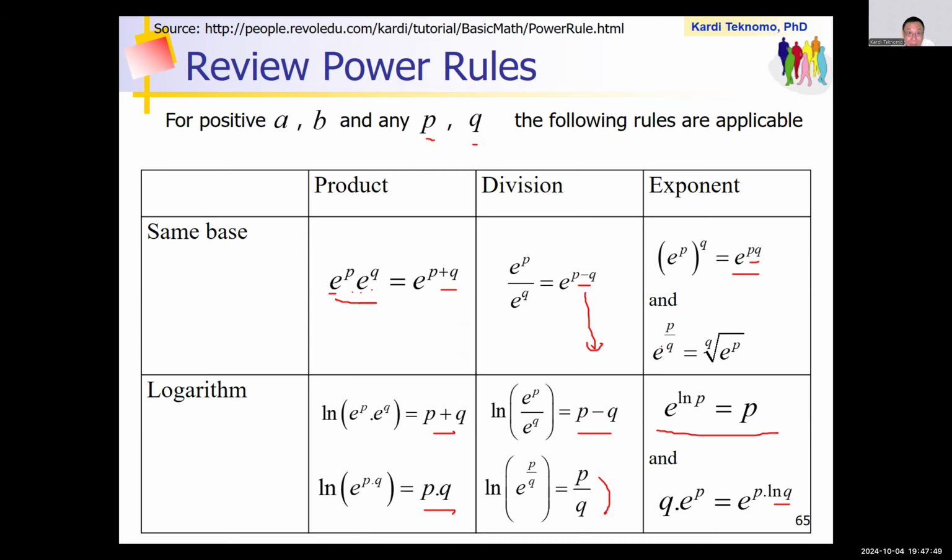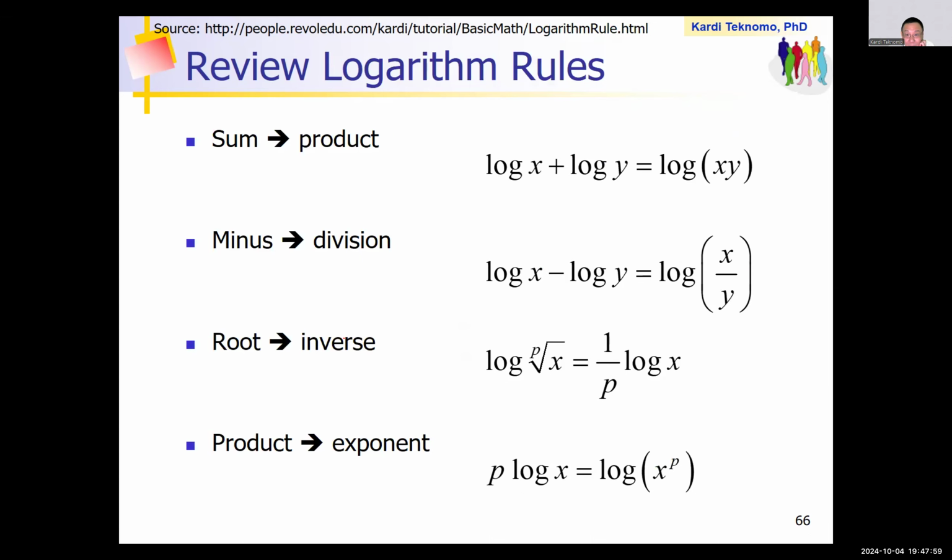So if you multiply q and e exponent p, then you can put q inside as ln q in the exponent. These are the basic rules that you learned in high school. I hope you remember. This is just a review, and I hope you also remember the logarithm rules. If you have log of x plus log of y, then you can multiply. If you have log of x minus log of y, then you can divide.